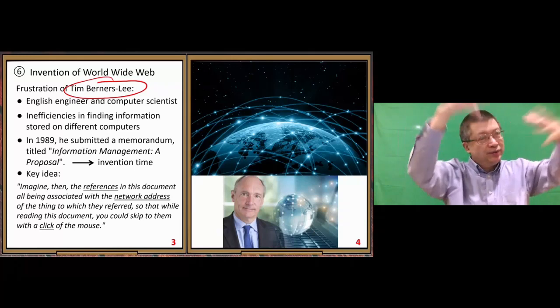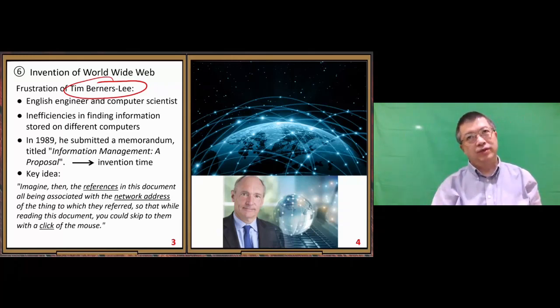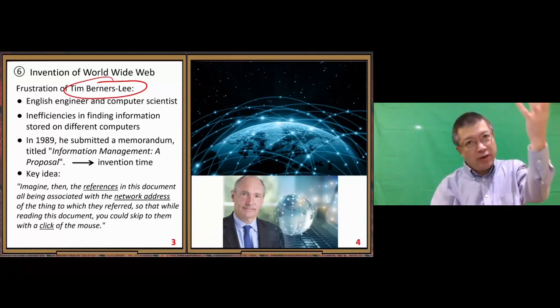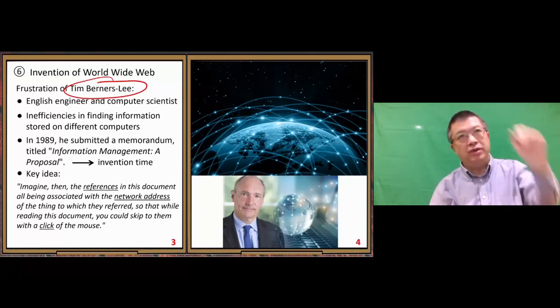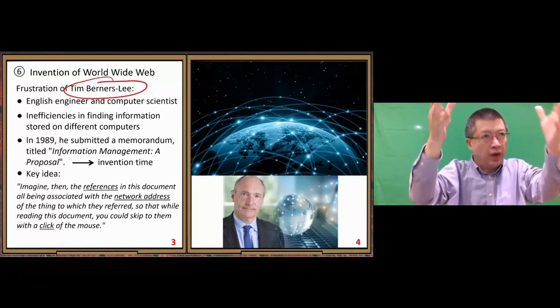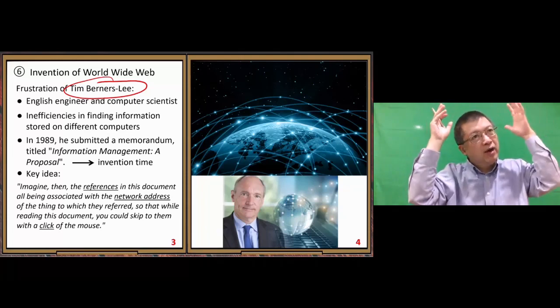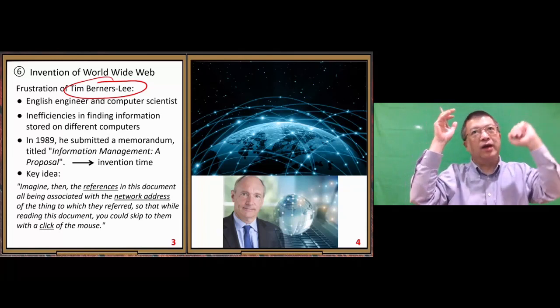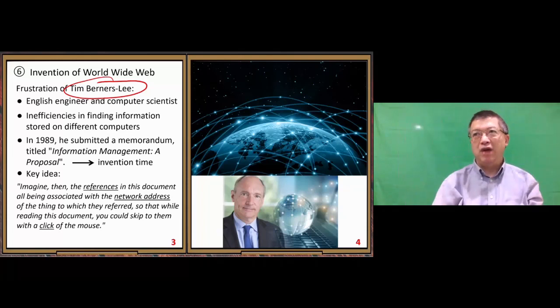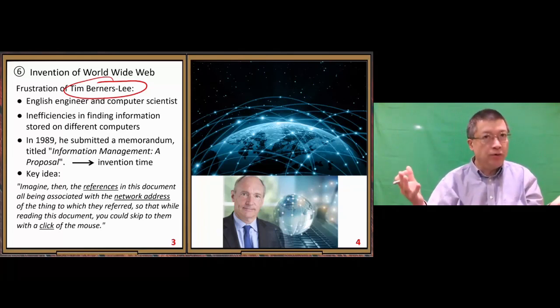We want to exchange documents and read them, but there are many references in the documents. How do we go to those references quickly, in a convenient, fast way, by one click, jumping to the reference immediately? That's the idea. So simple, so natural.